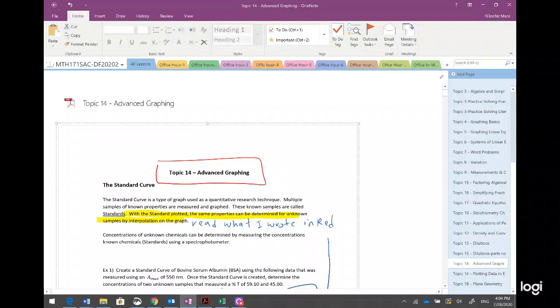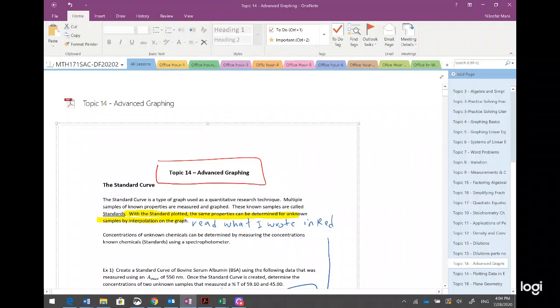And when I was marking the test or quiz, I noticed that you really need to do more practice on graphing.